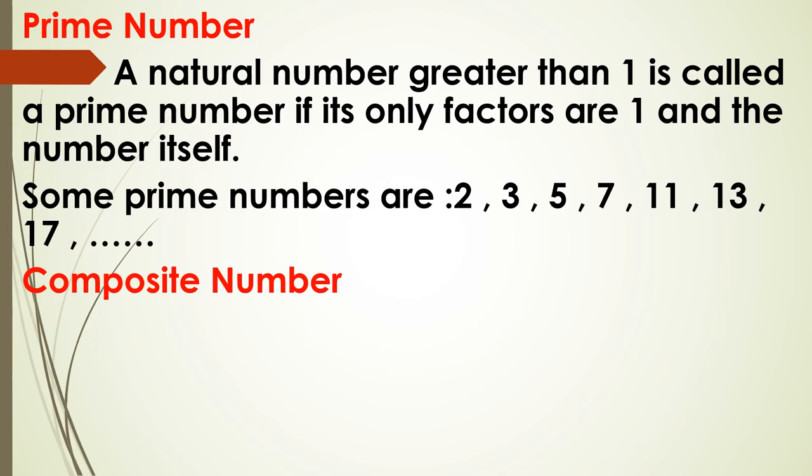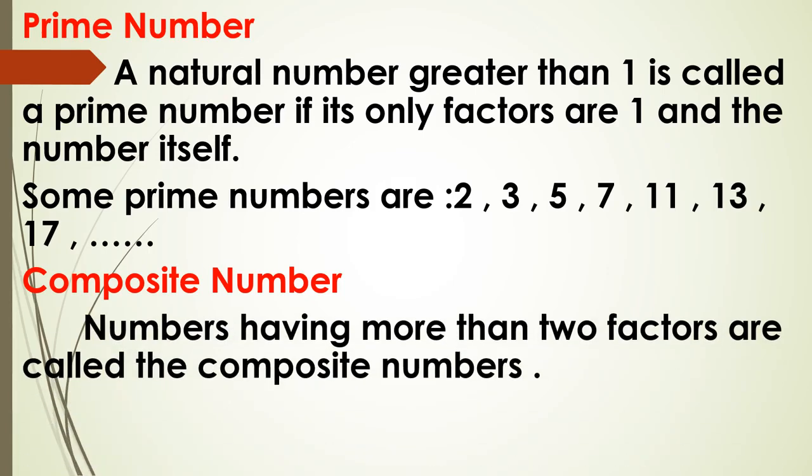Now next is composite number. Numbers having more than 2 factors are called composite numbers. Prime numbers, we have learned, are those which have only 2 factors, 1 and the number itself. So composite numbers are those numbers which have more than 2 factors.